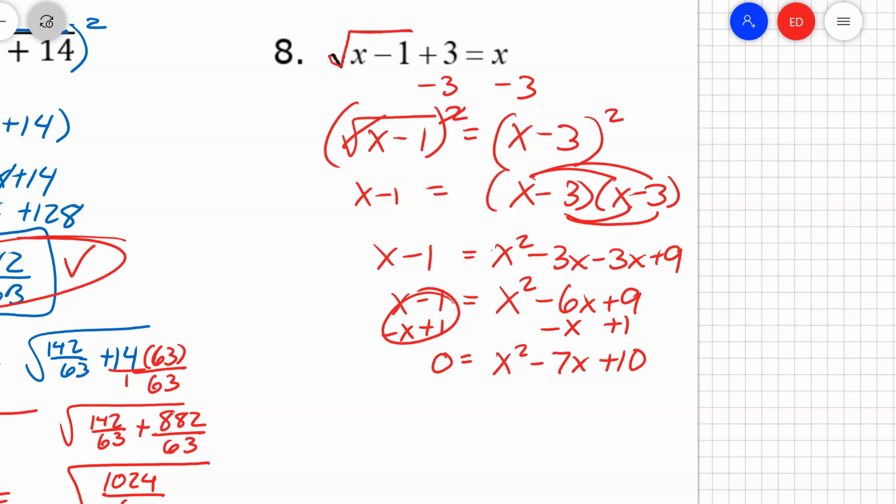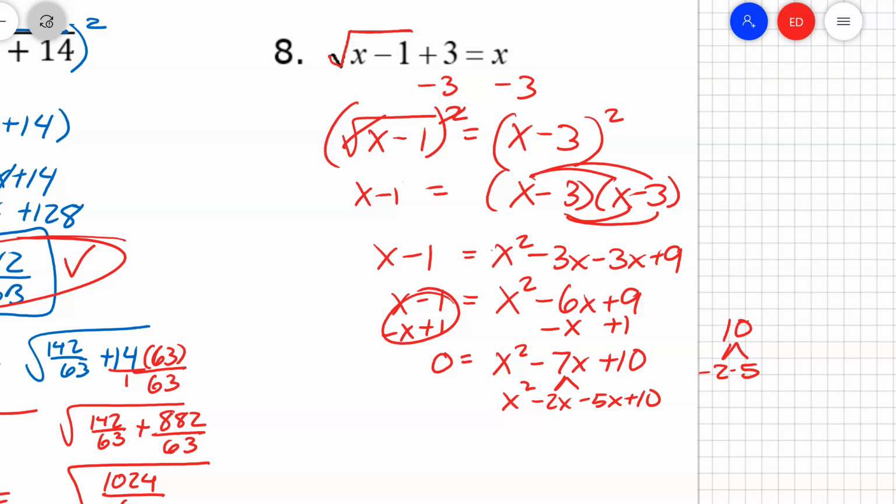So if we're factoring, remember we need the factors of 10 that add up to give you negative 7. Let's try 2 and 5. Hey, that's going to work if I make them both negative, and if I make them both negative, they're going to multiply to give us that positive 10. So that works. We're going to go ahead and write x squared minus 2x minus 5x plus 10.